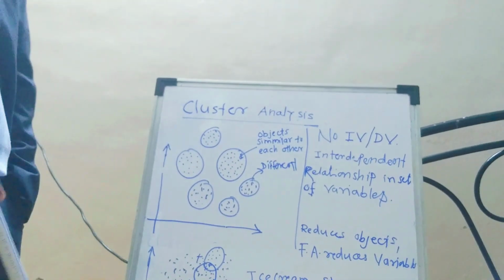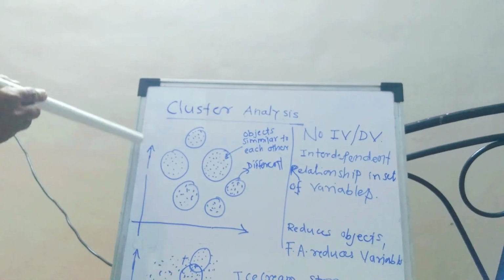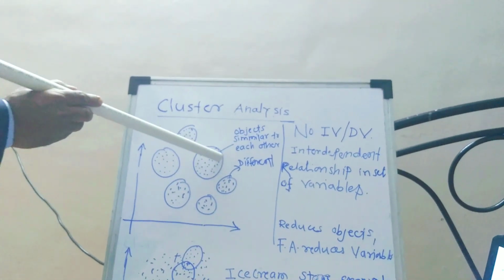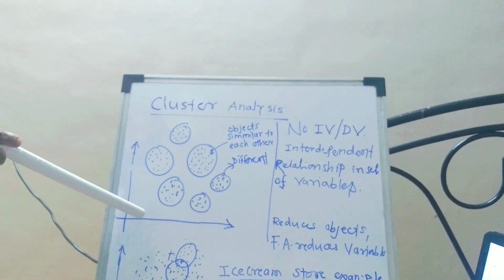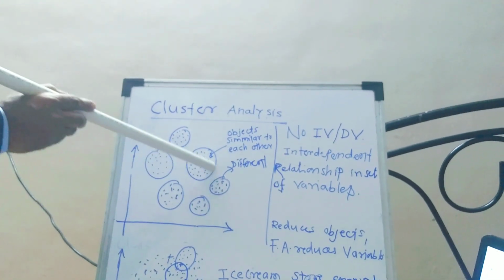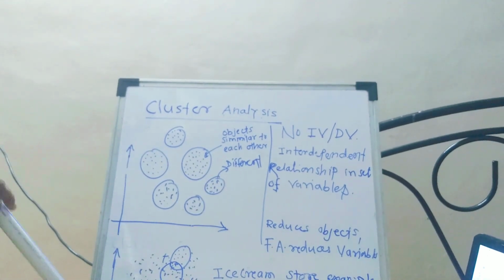A little bit more explanation about cluster analysis. As I said to you, cluster analysis is basically used to group the objects together. This is a very ideal case where you are getting very different clusters, clusters which are really separate and distinct from each other.